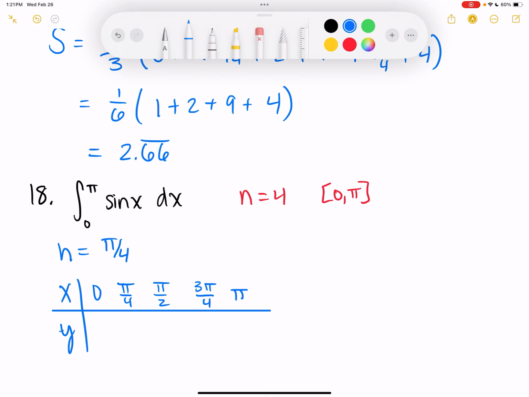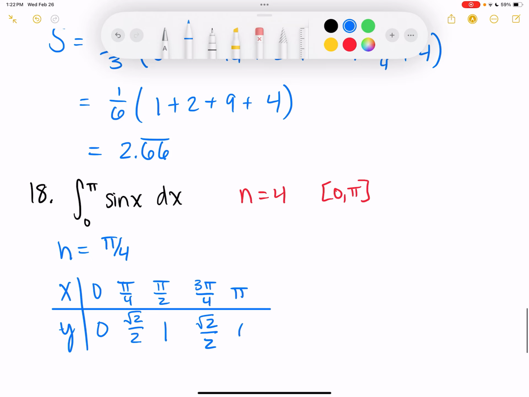Sine of pi over 4? Square root of 2 over 2. Yep. Pi over 2? 1. 3 pi over 4? Root 2 over 2. All the ones that have a 4 on the bottom are root 2 over 2. And then pi? 0.